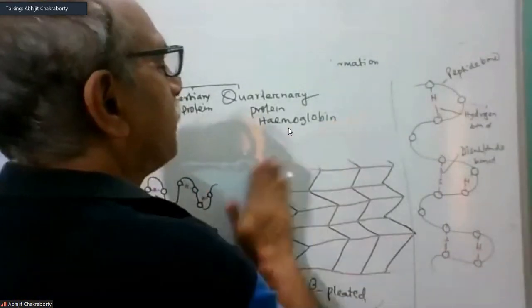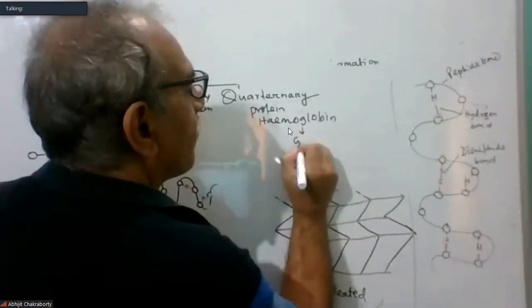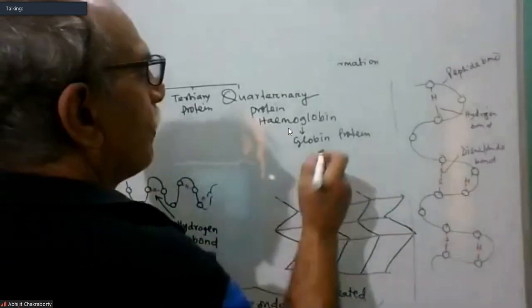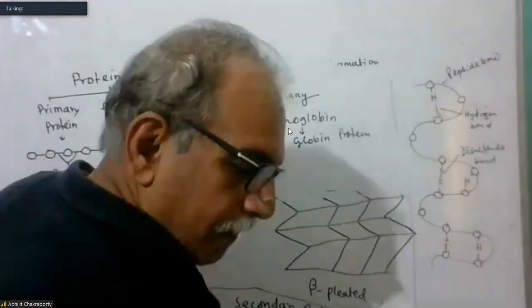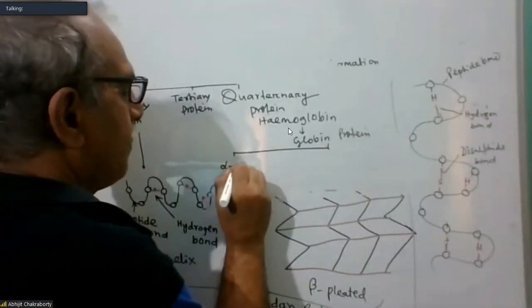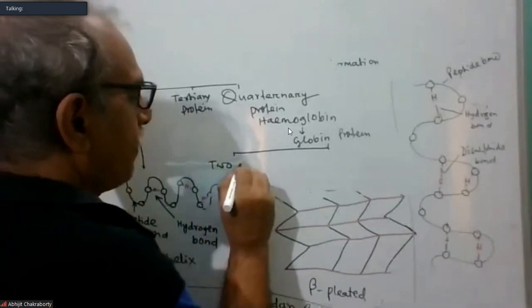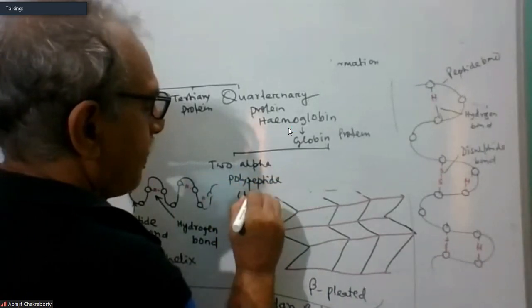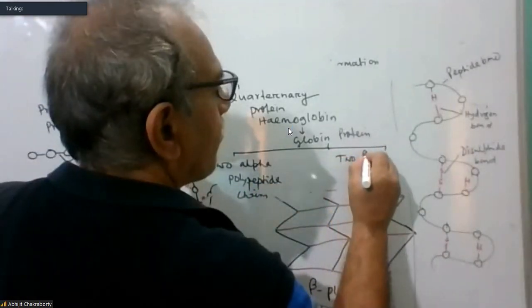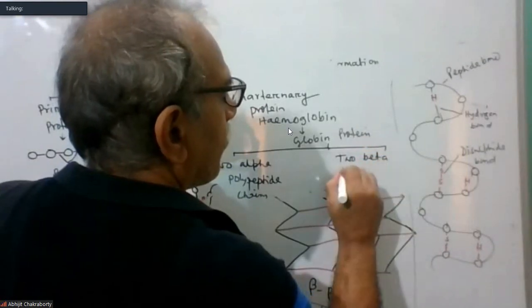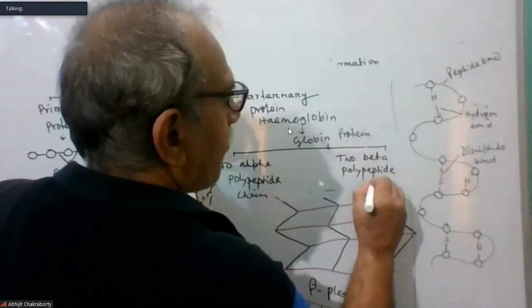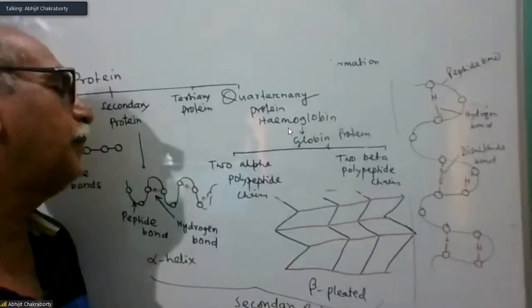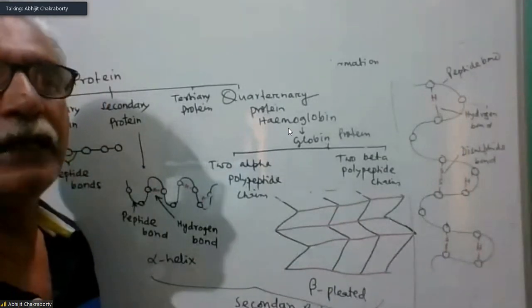The globin protein in hemoglobin consists of 2 alpha polypeptide chains and 2 beta polypeptide chains.